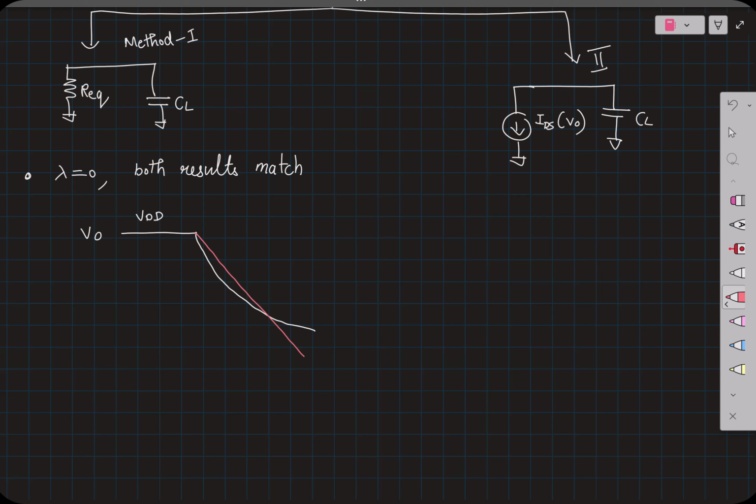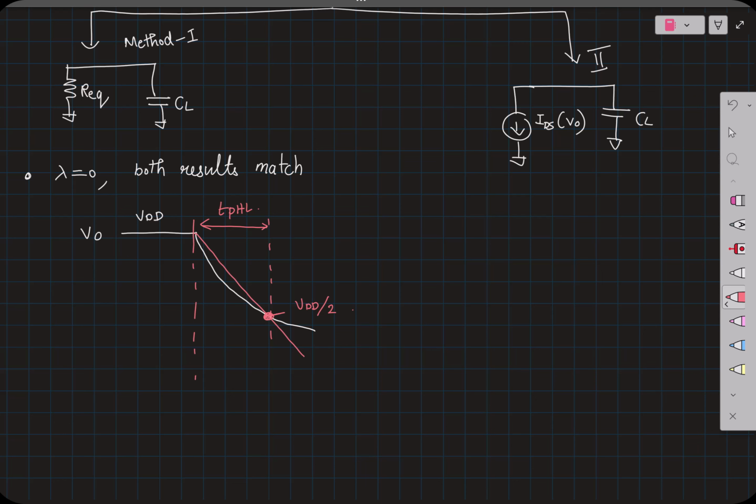So clearly the time domain waveforms with these two models are going to be different. But we are not interested in the time domain waveforms in these calculations. We are simply interested in the delay. And you see that provided you calculate your R equivalent correctly, both of them can give you the correct delay when you go from VDD till VDD by 2.